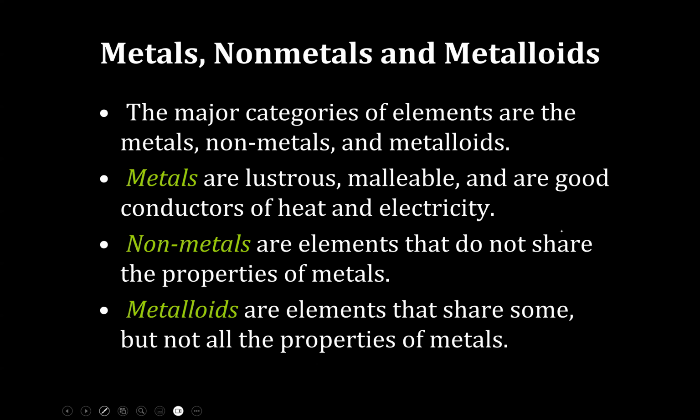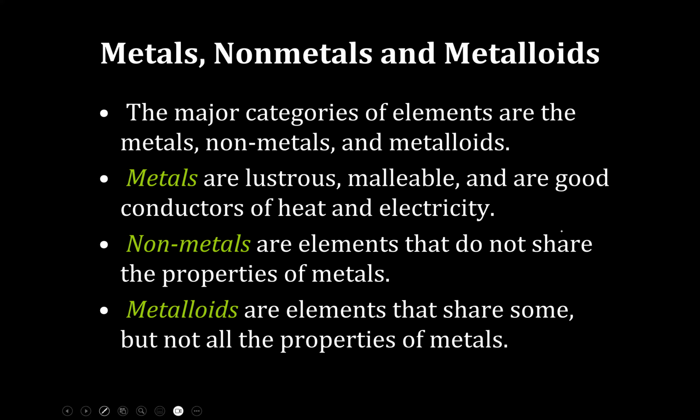Examples of non-metals are chlorine, carbon, oxygen, nitrogen, those are all non-metals. And then you have metalloids. Metalloids are in between metals and non-metals, elements that share some, but not all, properties of metal. It's just like in the middle between metals and non-metals.